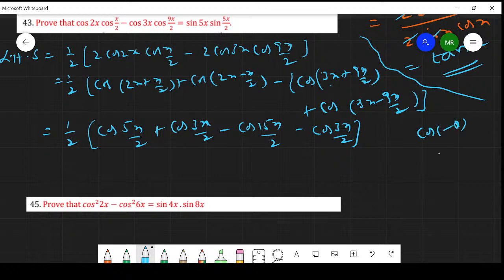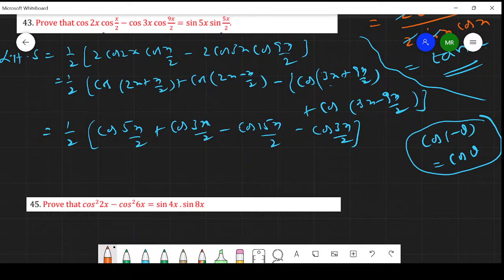Remember, cos of minus theta is cos theta. So cos of minus 3x/2 will be cos 3x/2.